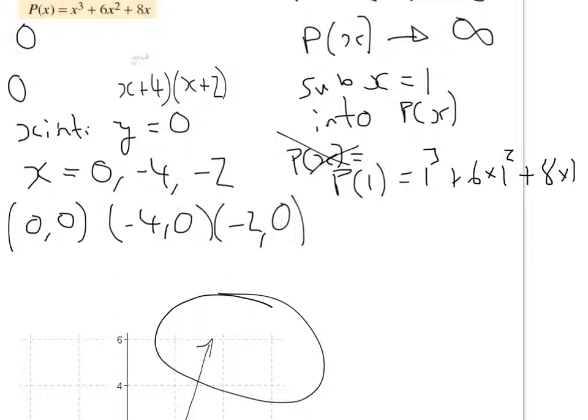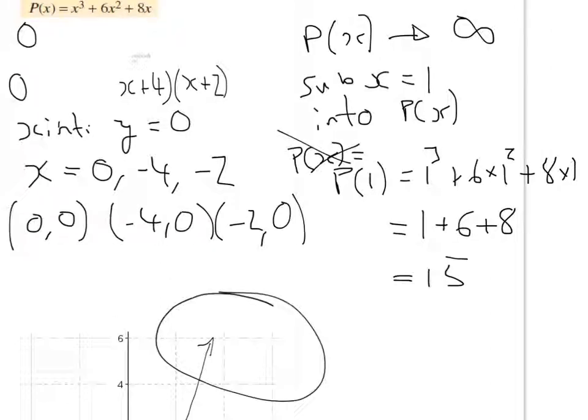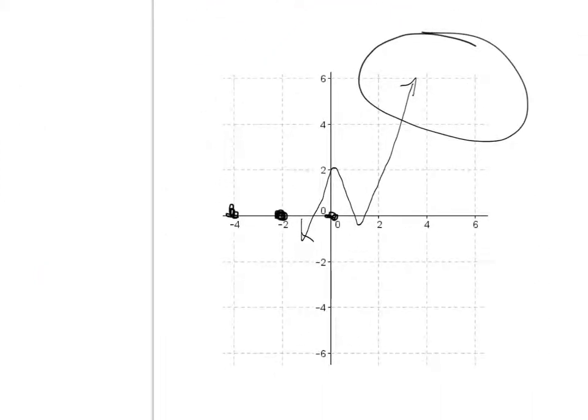I'm going over the page. Alright, so I'll do that quickly. 1 plus 6 plus 8. And you can already tell it's going to be a positive number, and that positive number is going to be 15.